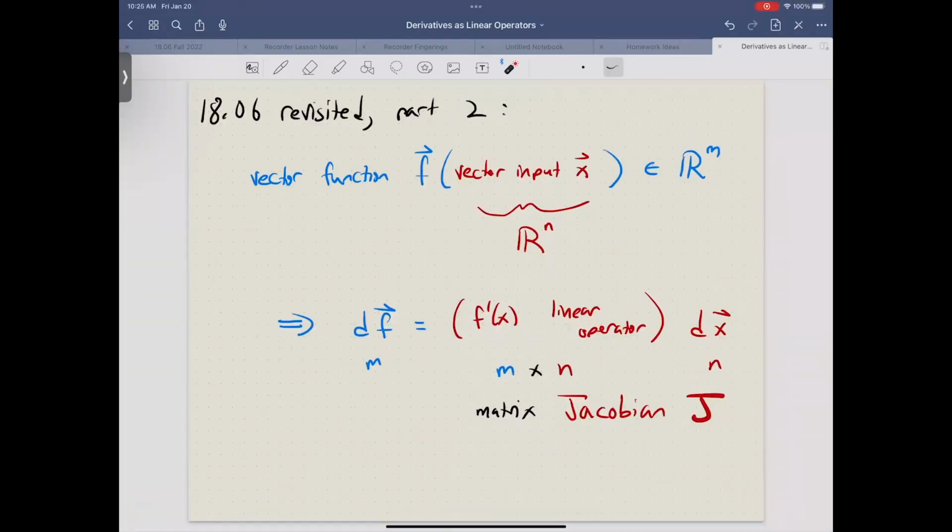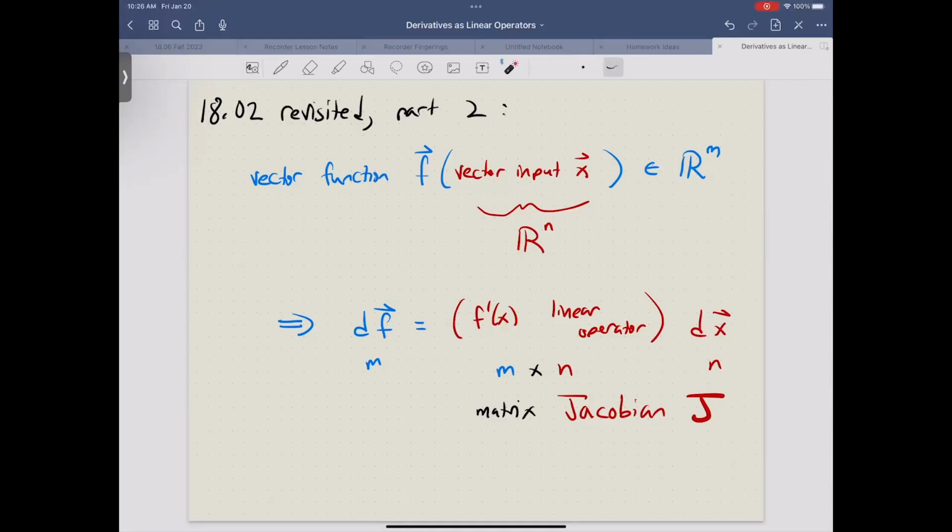Okay, and then the thing I just started at the very end of the lecture was, suppose... So this is not 1806 revisited. This is 1802 revisited. This is still 1802. The other kind of function you deal with in 1802 are functions that take vectors in and vectors out.